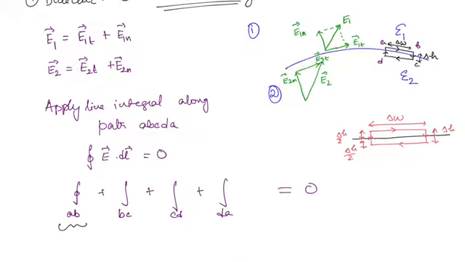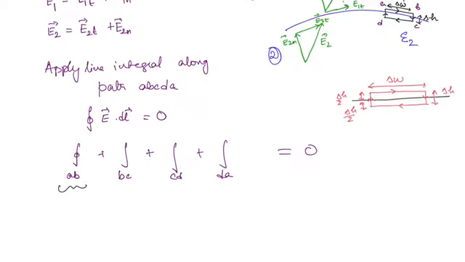So you can take it out of the integral, and integral dl will be left, that is nothing but the entire length, that is delta W. So here you can write integral along AB is E1T into delta W, okay. Since this is the dot product, the resultant will be a scalar, okay. So this is the line integral along AB.